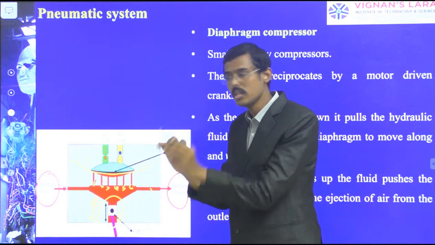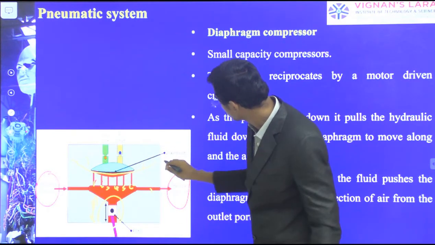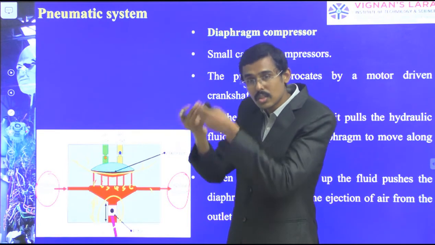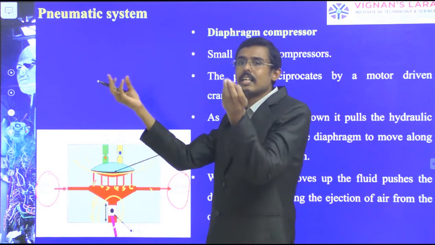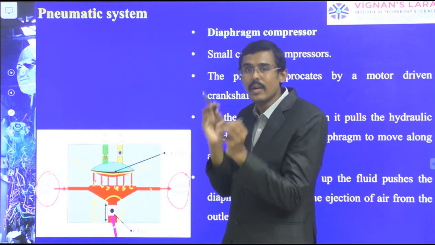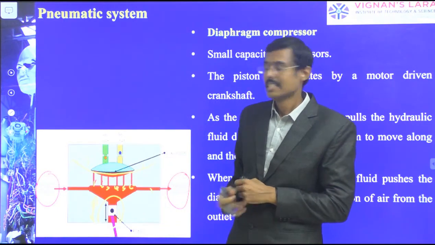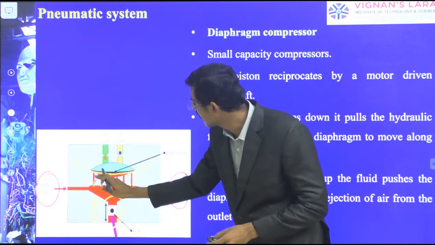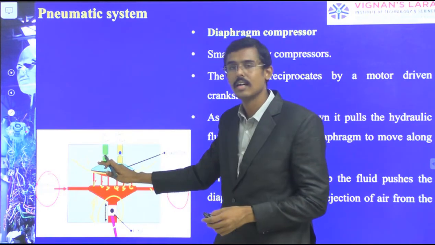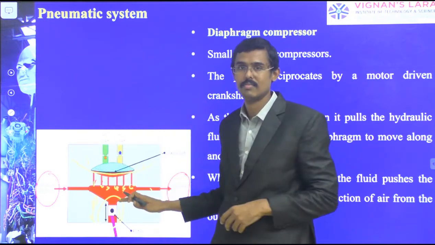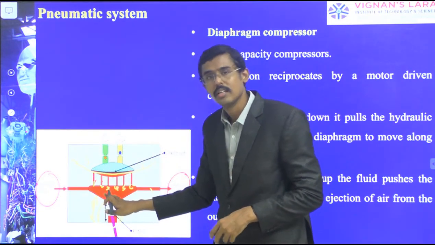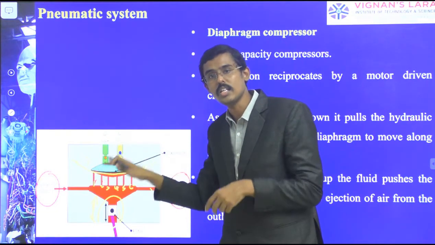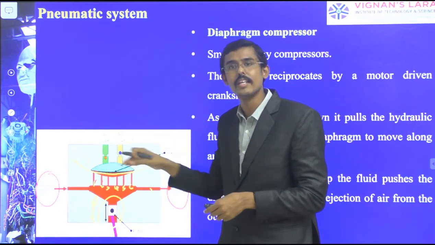This compressed hydraulic fluid has a pressure, and that pressure is going to push the diaphragm which is present there, a metallic diaphragm which returns to its original position and is elastically deformed when pressure is applied. Such diaphragms I am using here, and when the pressure is applied, this diaphragm is going to move upward. The compressed fluid causes the pressure on the diaphragm, and the diaphragm moves what is available there.